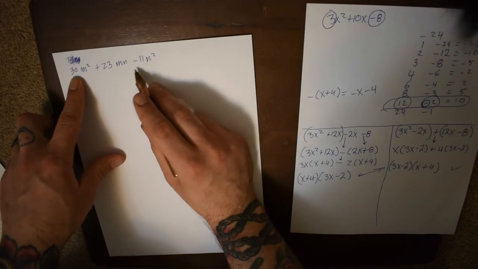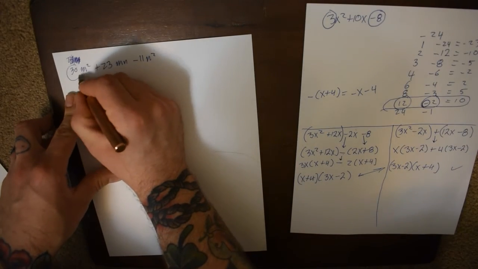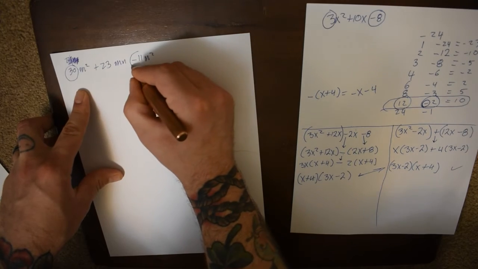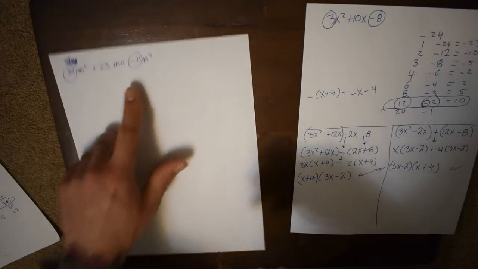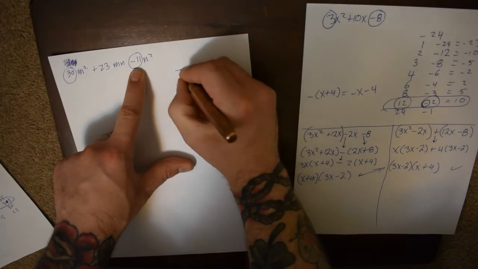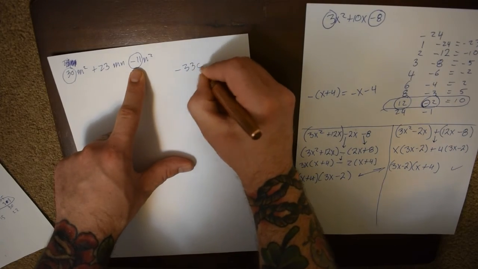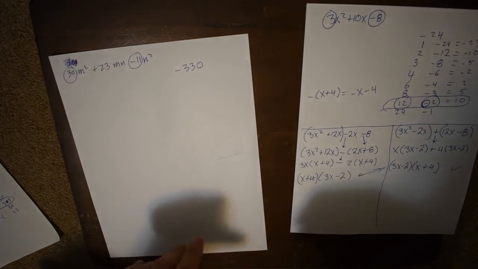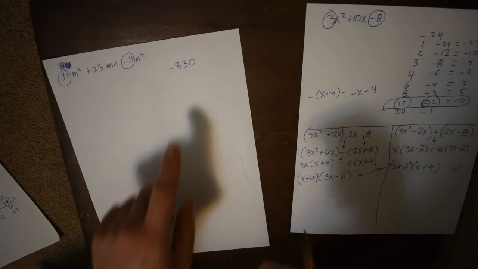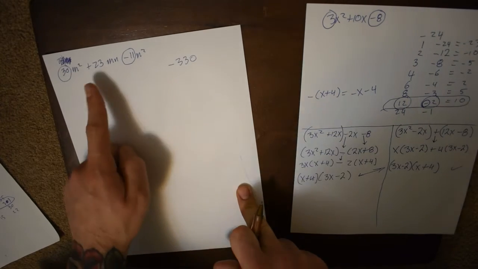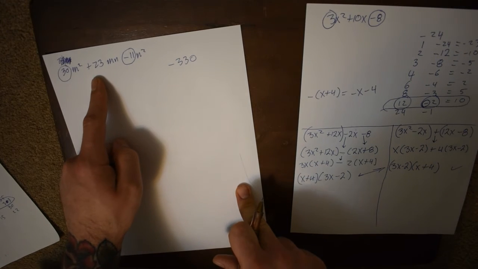We're looking for numbers. We're going to multiply the leading coefficient and the constant term. 3 times negative 11 is negative 330. So now we have to find factors of negative 330 that add to 23.